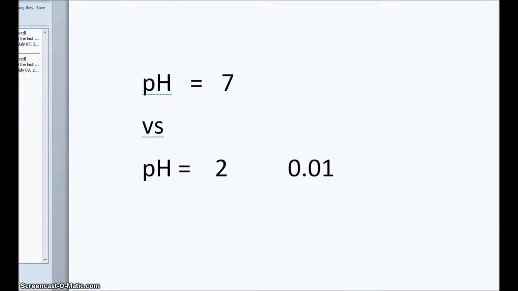It's 0.01 or 1/100th mole of hydrogen ions per liter. And what's a mole of hydrogen ions? It's a gram of hydrogen ions. It's 6.22 times 10 to the 23rd atoms of hydrogen times 0.01.